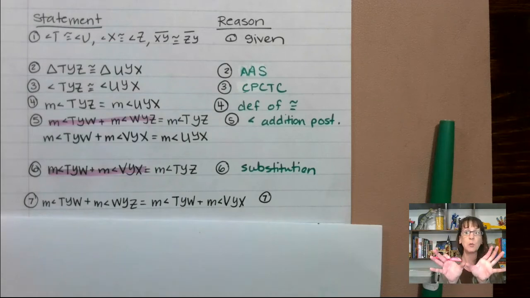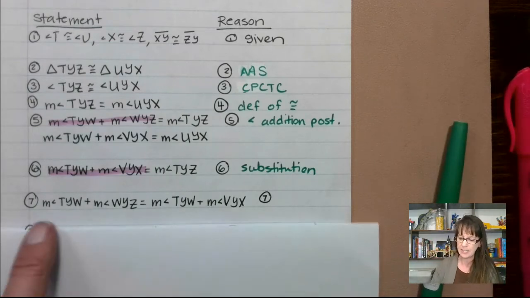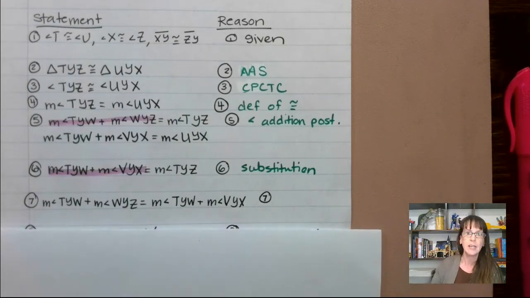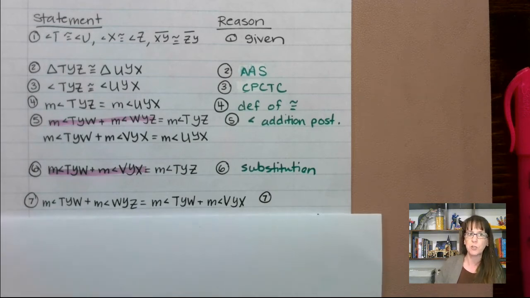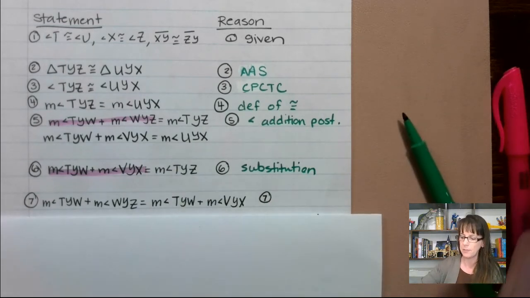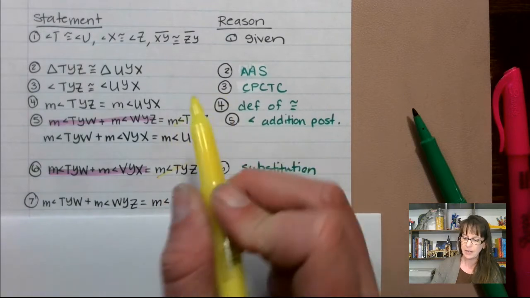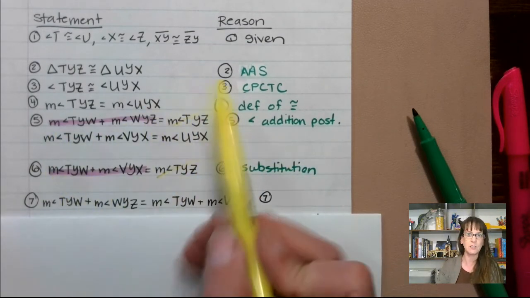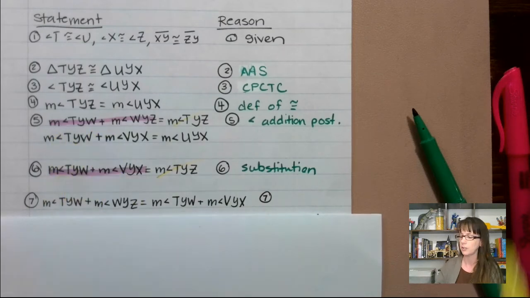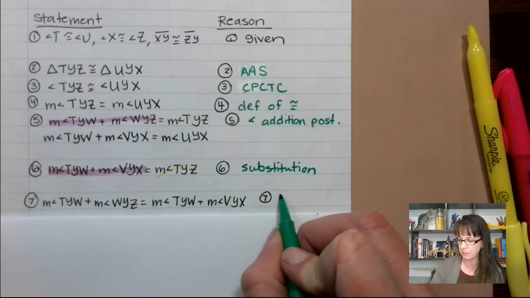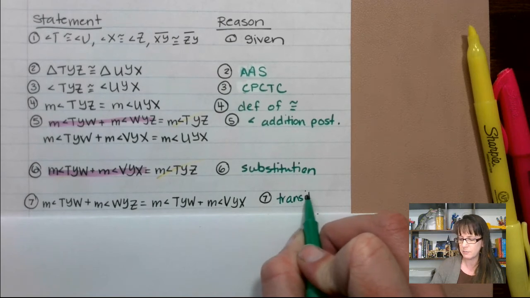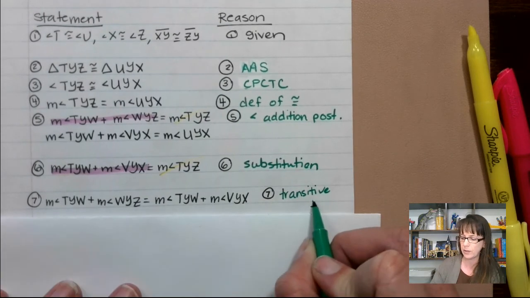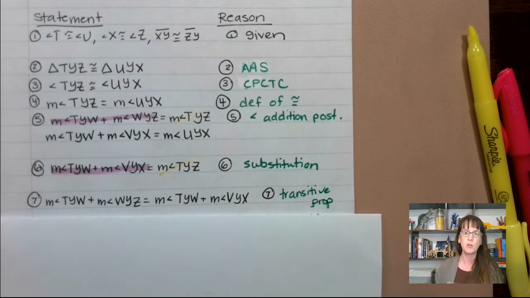So we can set them equal to each other, and that's what we've done down here. What that really did was knock out the middleman, as I call it. This equals this equals the same thing, so let's get rid of it and say these two equal each other. Knocking out that middleman, that's the transitive property. A lot of kids get that confused with substitution, but if you can knock out that middleman, then it's transitive.